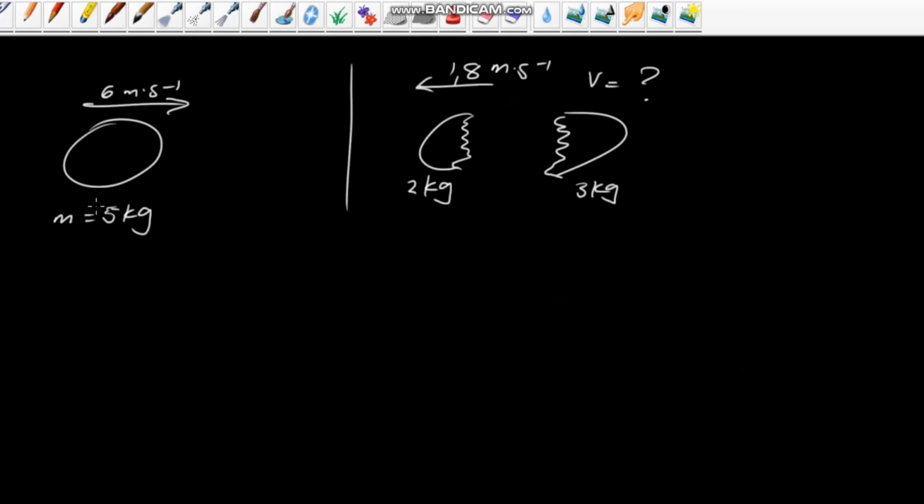Okay, and another last example. Let's say there is a rock, and it happens that the rock breaks into pieces. It was traveling to the right at 6 meters per second, it has a mass of 5 kg, and then maybe they shot it, for example, I don't know, but the rock broke into one piece of 2 kilograms and another piece of 3 kilograms. The 2 kilogram piece travels to the left at 1,8 meters per second, and they ask us to calculate the final velocity of the second piece, the 3 kg piece.